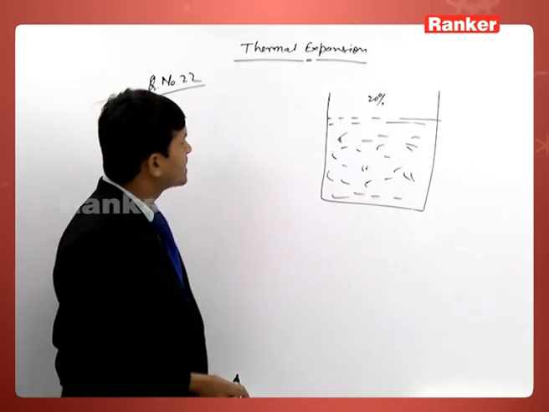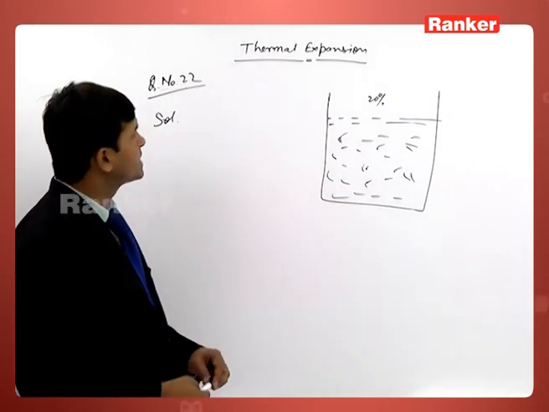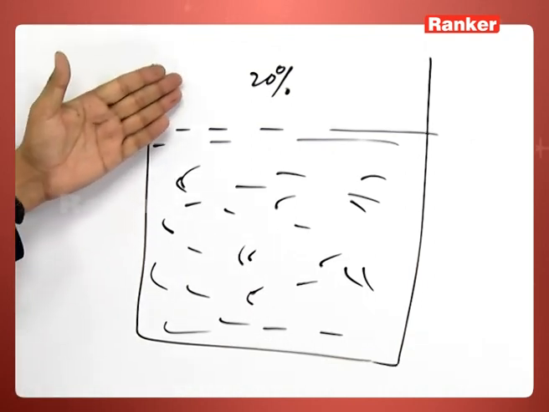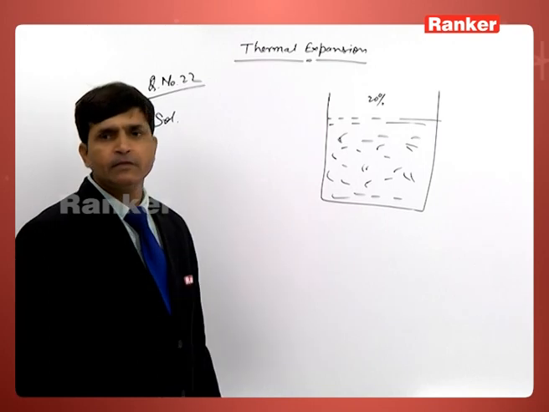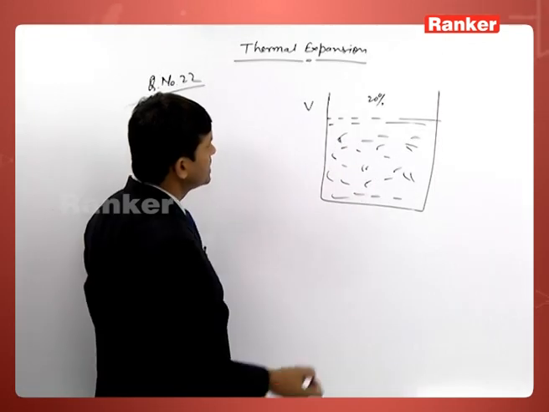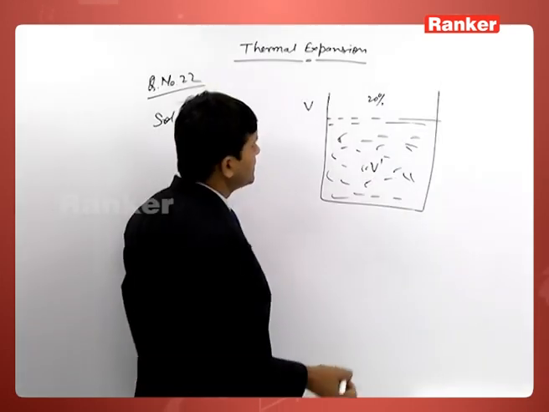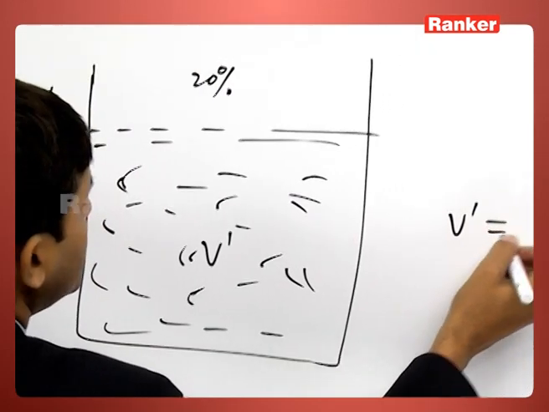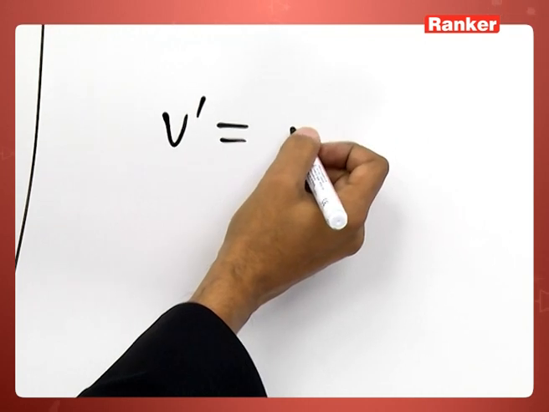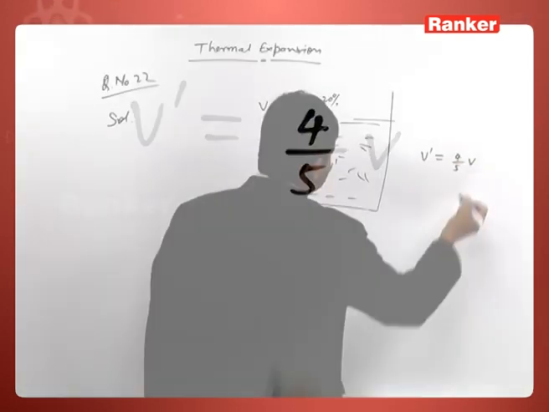So whatever the change in the volume of the whole container, that 20% will remain empty. So the total volume of the container is V, and the initial volume V dash of the liquid is 80%, which is 8 by 10, that is 4 by 5 into V.